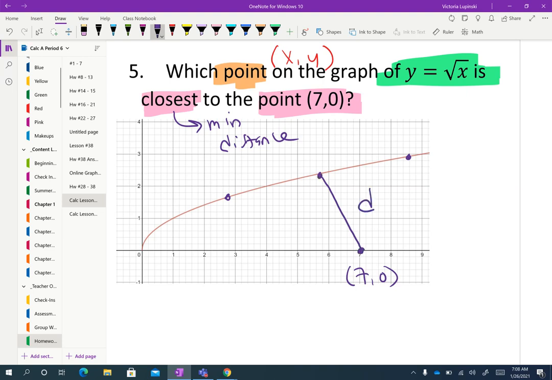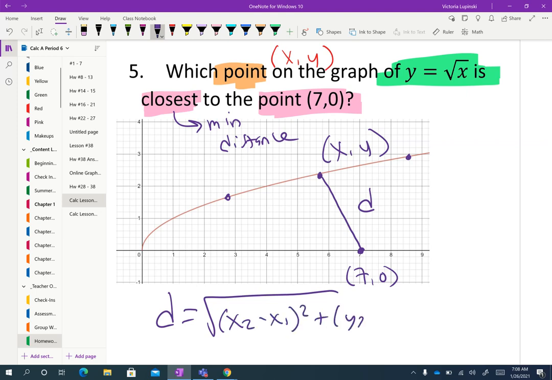So we're looking for that minimum distance D, and we are looking for some point on the graph, x, y. Again, because this is a distance situation, let me go ahead and start with a fresh copy. Again, you're going to label the points 1, x1, y1 and 1, x2, y2.